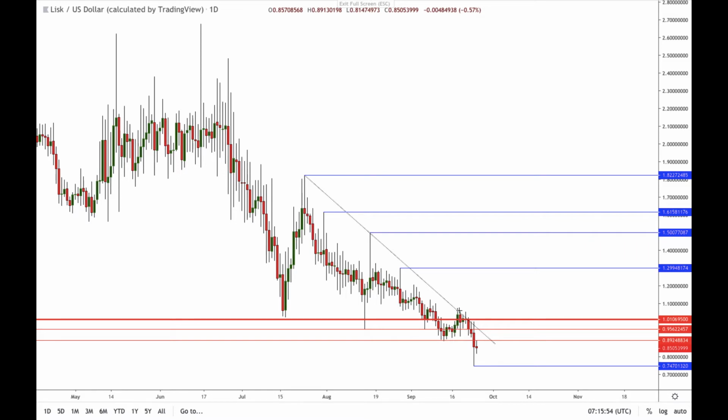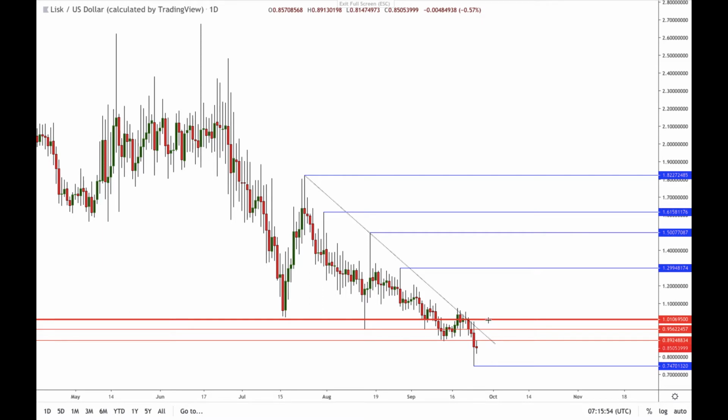Very little movement higher, a very small bounce towards the level of 1.1, and then another lower low at the level of 0.74 cents for Lisk. So the dominant trend is down because the market is making lower lows and it's making lower highs. I have marked them all in this part of the chart.